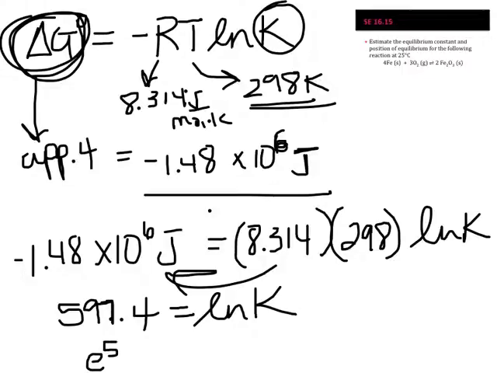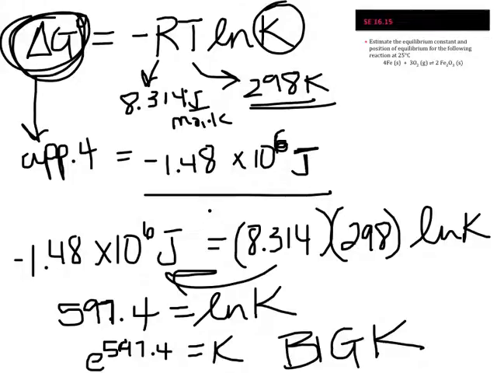This is not 1 times 10, okay? It's a math function. So e to the 597.4 is equal to K. That's the inverse natural log. When you do that in your calculator, it doesn't matter what the number is. What you see is that's a big number, big K.